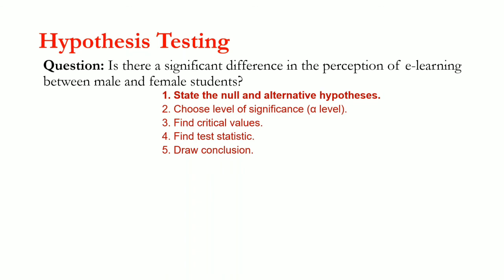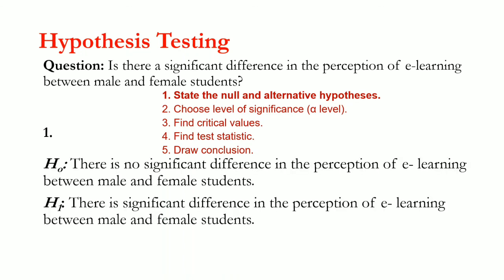So first step is to state the null and alternative hypothesis. Null hypothesis is denoted by H sub 0. For this particular research question, the null hypothesis shall be there is no significant difference in the perception of e-learning between male and female students. Take note that you are doing hypothesis testing for the purpose of rejecting the null hypothesis.